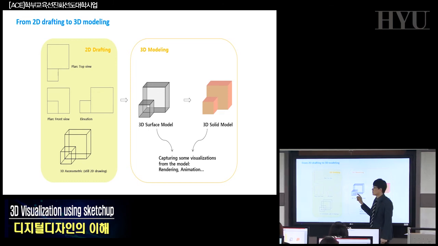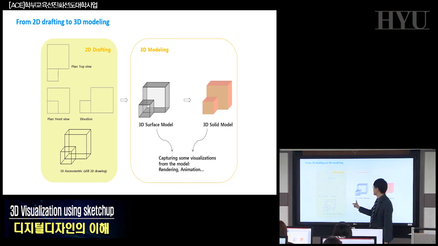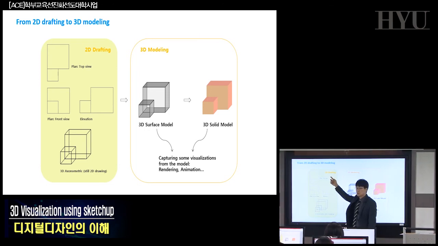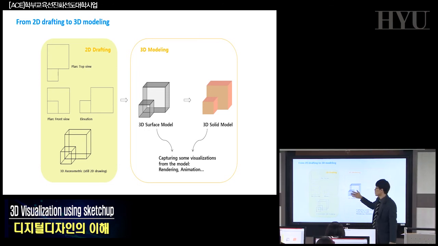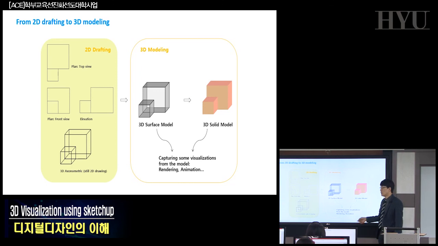Just turn off perspective view, that's it. And then you can make this kind of view. What if you place your camera at the front? Front view, even elevation view, left to right view, they can be easily derived from this 3D object, right? So making 2D drafting images is just one part of a 3D model. Capturing some visualizations from the model.